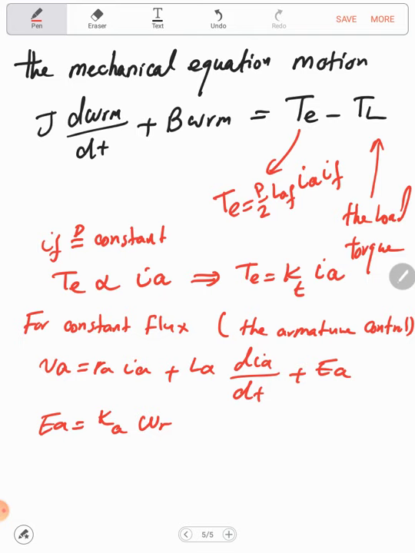Now, according to the configuration of the coils, we can have different types of the machine. So the first one here we discussed is the separately excited. So let's assume that we're having the following configuration.